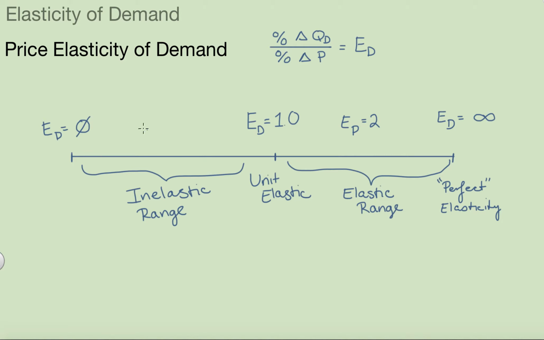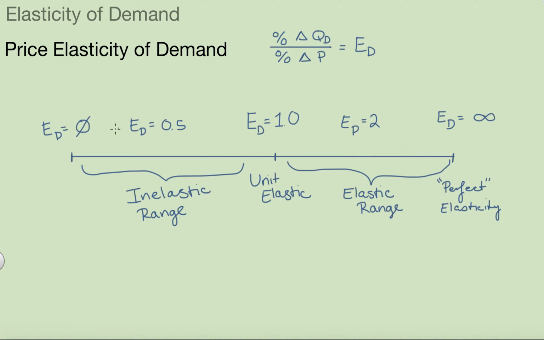When you're in this in-between range, maybe you see that the elasticity of demand is equal to 0.5 or 0.8 or 0.2. And what that means is that you're relatively insensitive to changes in price. You might buy a little bit less, but you're not going to buy significantly less, okay?